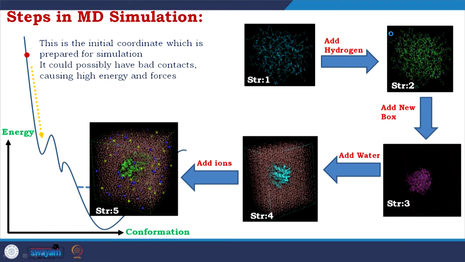Now, when we come here, the structure we have is processed now, but it could possibly have bad contacts causing high energy and forces. So, there is a requirement of energy minimization. So, the next step in MD simulation would be energy minimization.